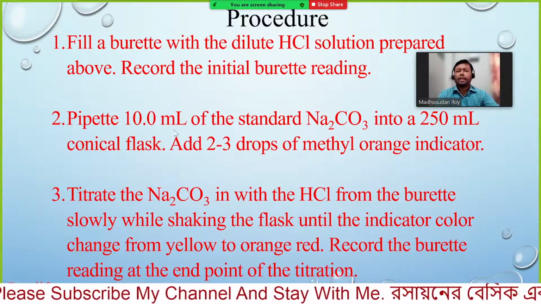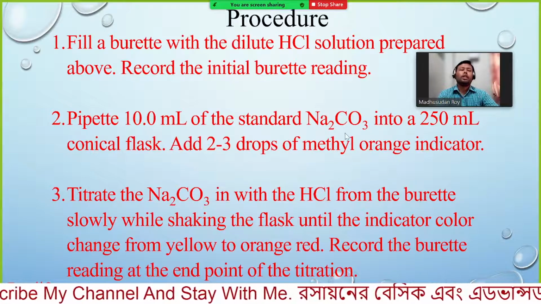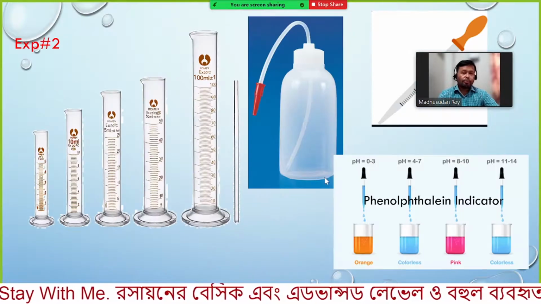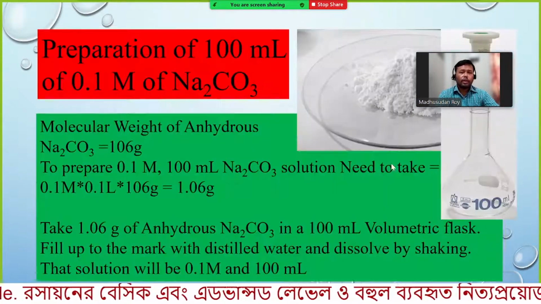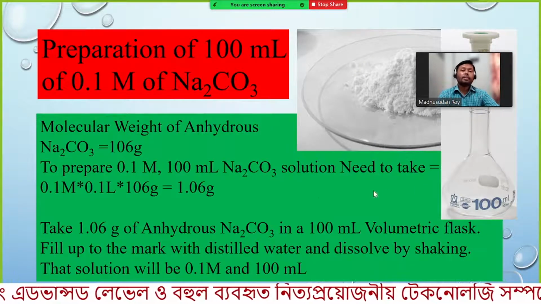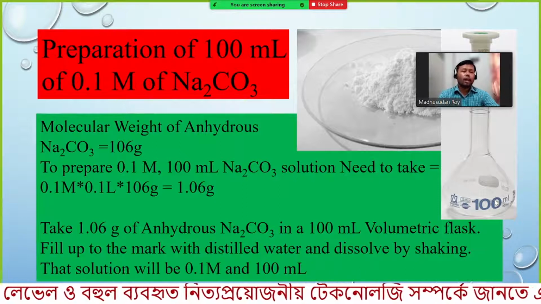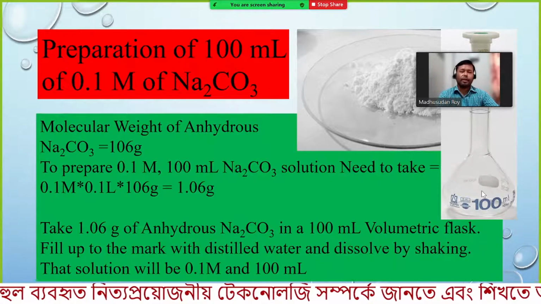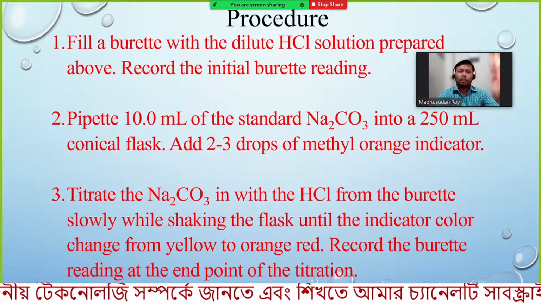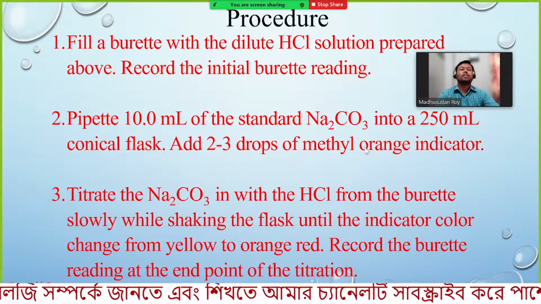Then pipette 10 ml of the standard sodium carbonate into a 250 ml conical flask. You have prepared 100 ml of sodium carbonate solution here. Pipette 10 ml of sodium carbonate solution using your pipette, and here also you need to rinse the pipette.